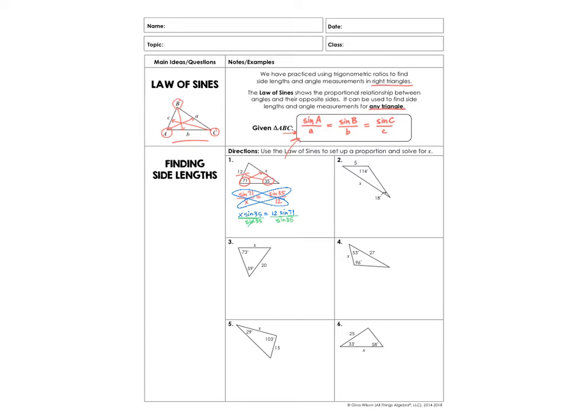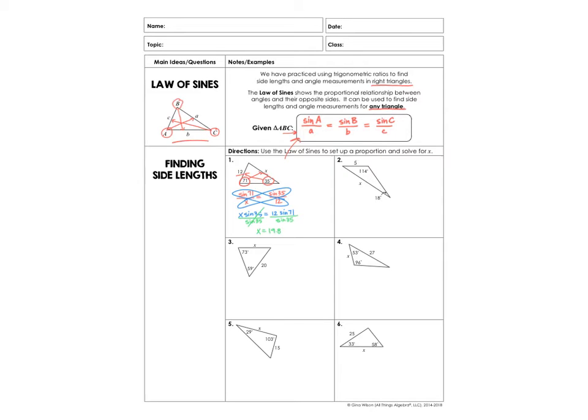Okay, so that's going to cancel this out, and x is going to equal 12 times sine 71 divided by the sine of 35. And those are just going straight into your calculator, and you should get 19.8. Okay?